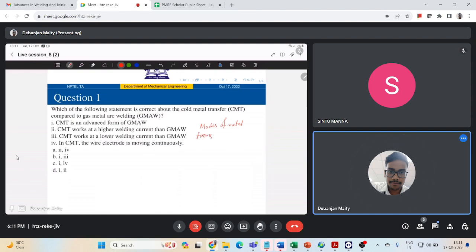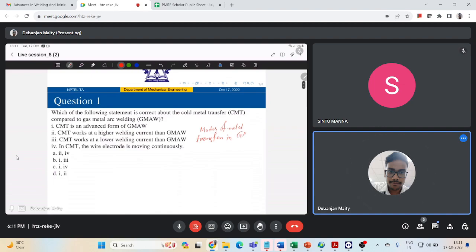Let us say we are doing some gas metal welding. One is the continuous mode, another is the pulse mode, and then there is something called cold metal transfer, which is a new form of gas metal welding.